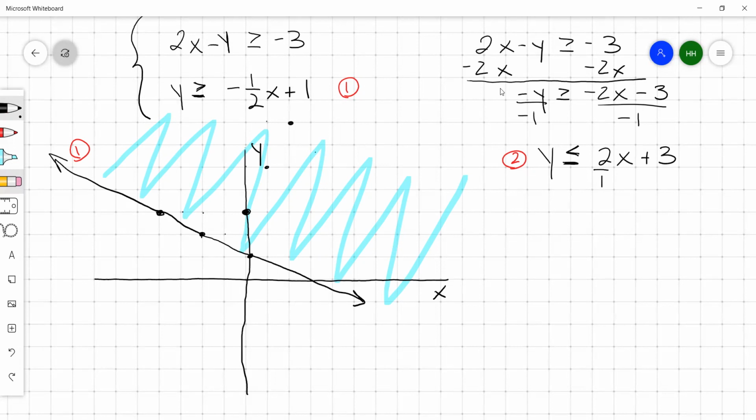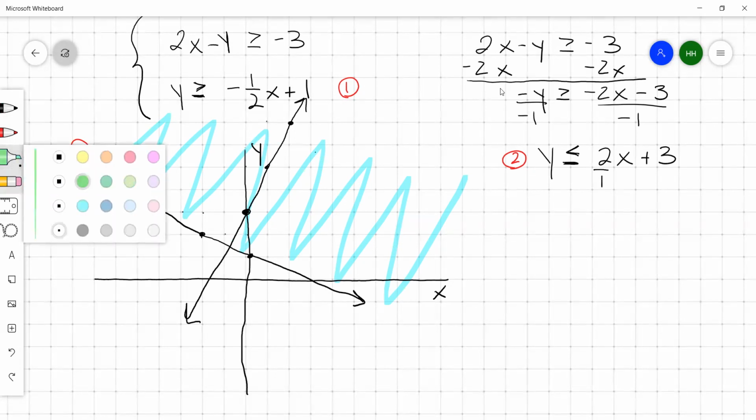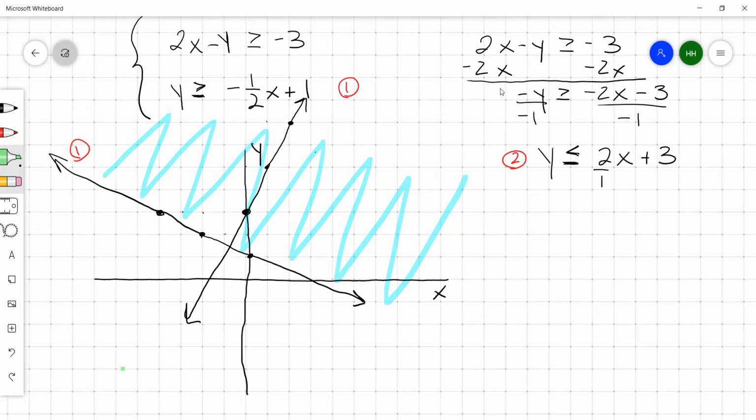Now, this is less than or equal to, so it's a solid line as well. So this line looks something like this. Now, this is less than, so we're going to shade the bottom of the line, meaning everything down here. So you see it? We're shading the bottom of the line.